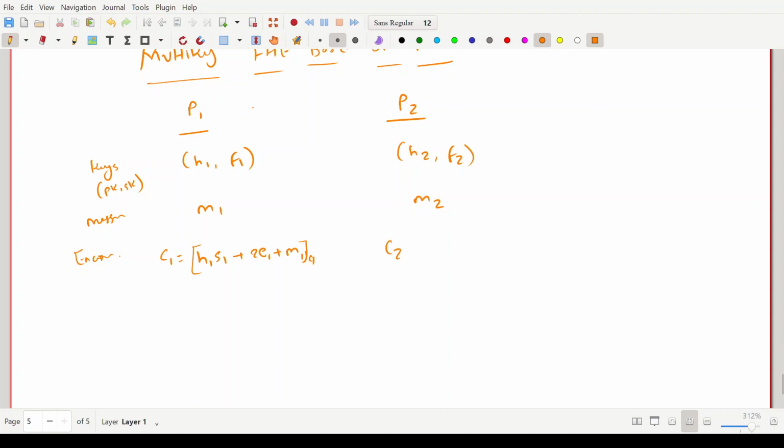Similarly, you can get C2, which is H2 S2 plus 2E2 plus M2 modulo Q. You have C1 and C2, and you can easily calculate C1 plus C2 and C1 multiplied by C2.